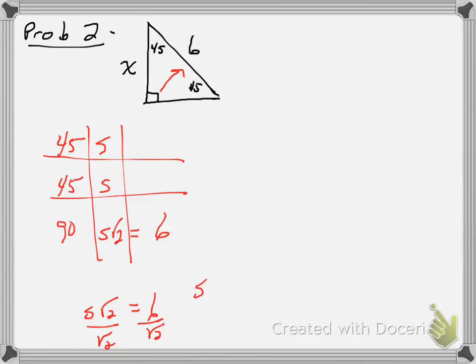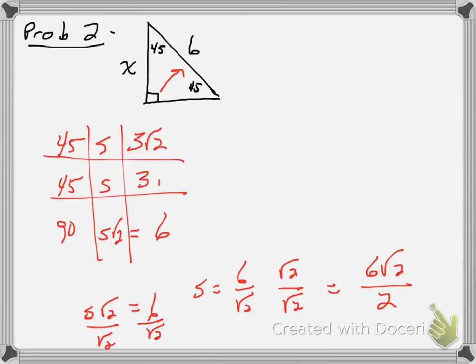That gives me side equals 6 divided by the square root of 2. I can't leave radical 2 on the bottom, so I'm going to multiply both top and bottom by radical 2. You're really just multiplying by 1, but that helps me get rid of that radical 2. That gives me 6 radical 2 over radical 2 times radical 2, which is 2. 6 divided by 2 is 3 radical 2. So both my sides are 3 radical 2. So the X is going to equal 3 radical 2.